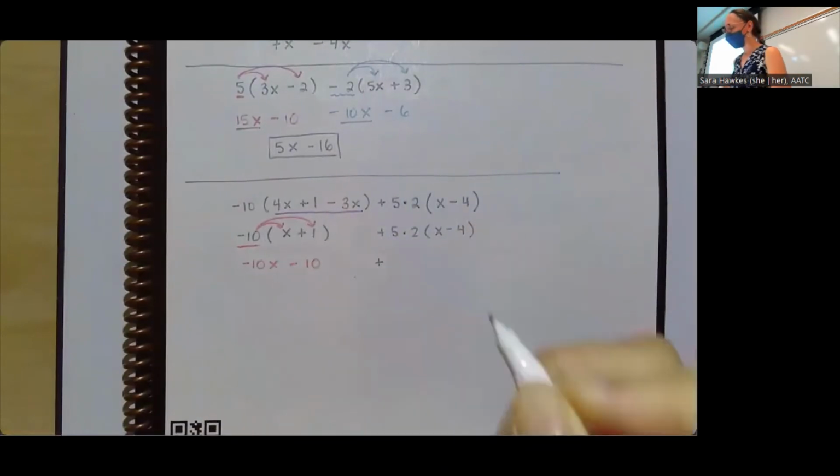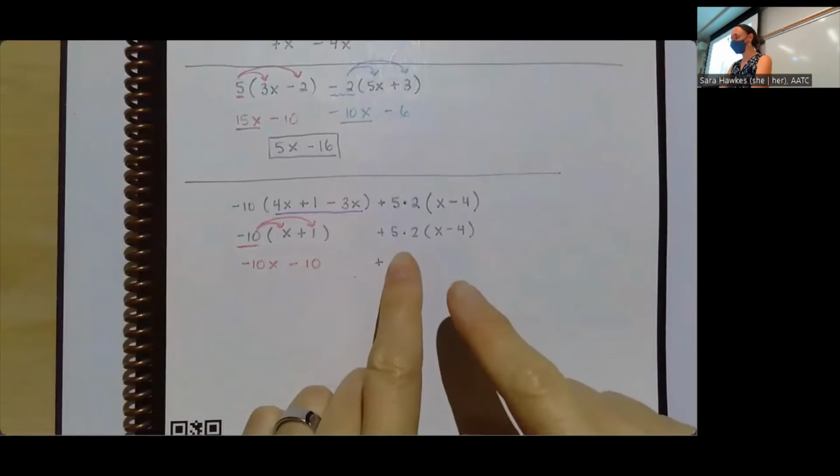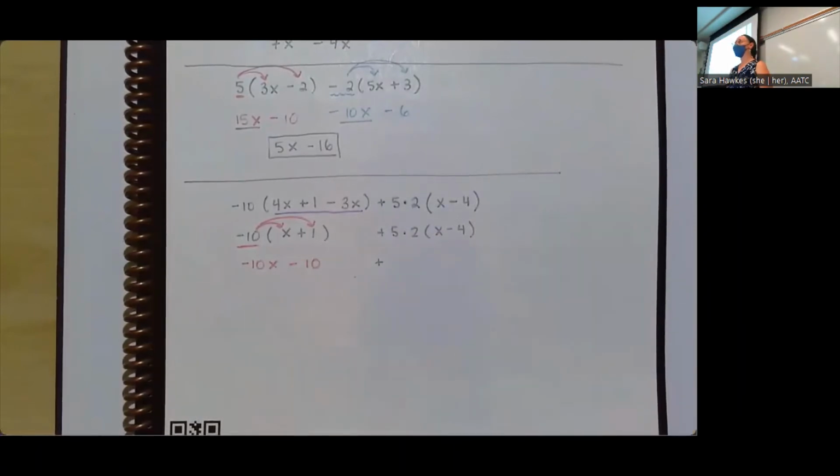If I move on to this other piece, I actually have three things multiplied together. 5 times 2 times the thing in parentheses. I'm going to choose to do this kind of in order from left to right.